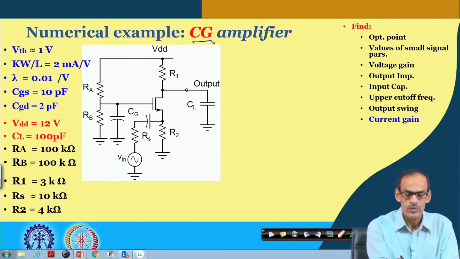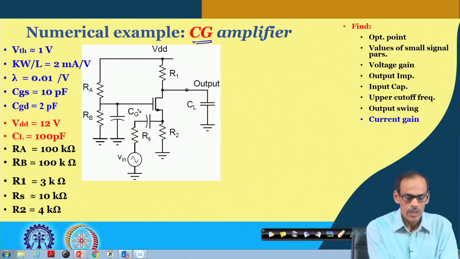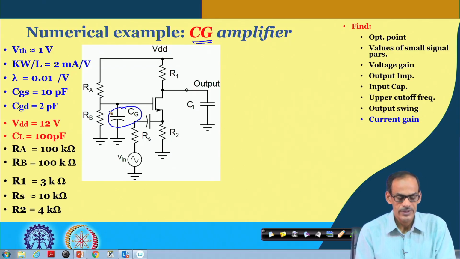So, here we have the common gate amplifier, and next to it, what we are looking for is this. You might have observed that at the gate we are connecting one capacitor Cg.